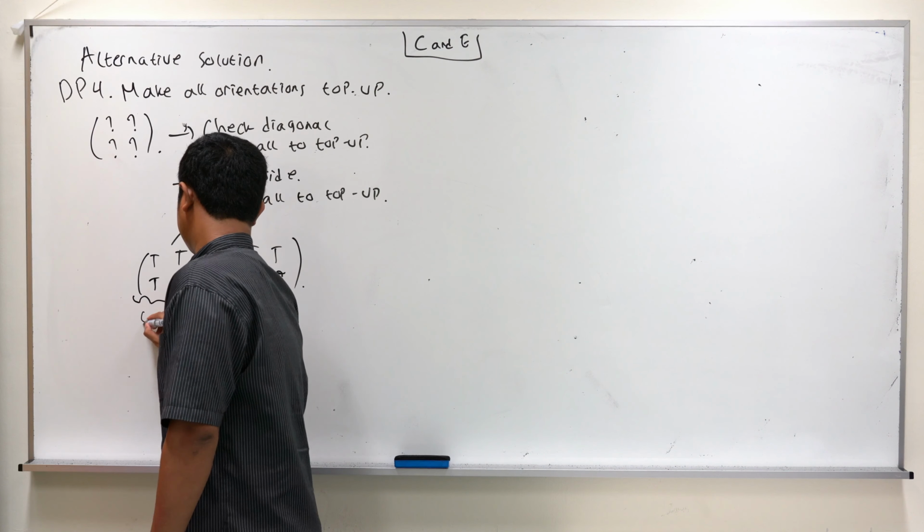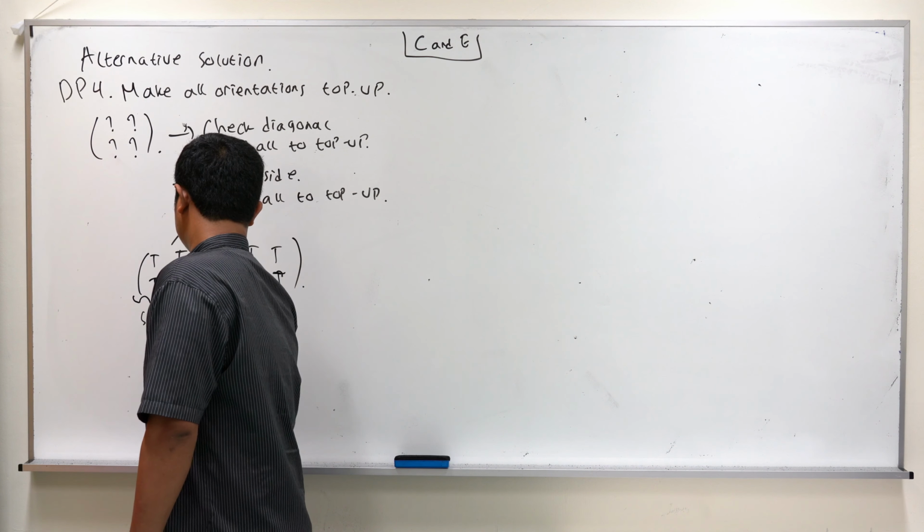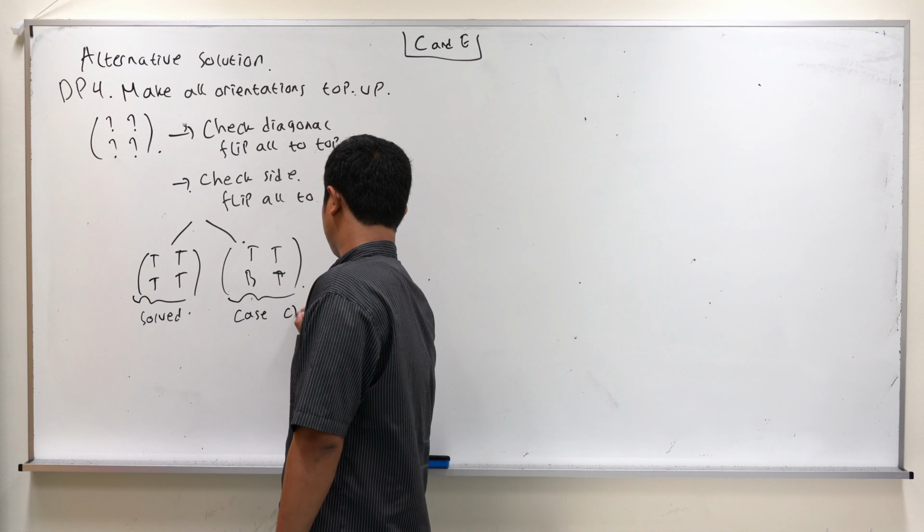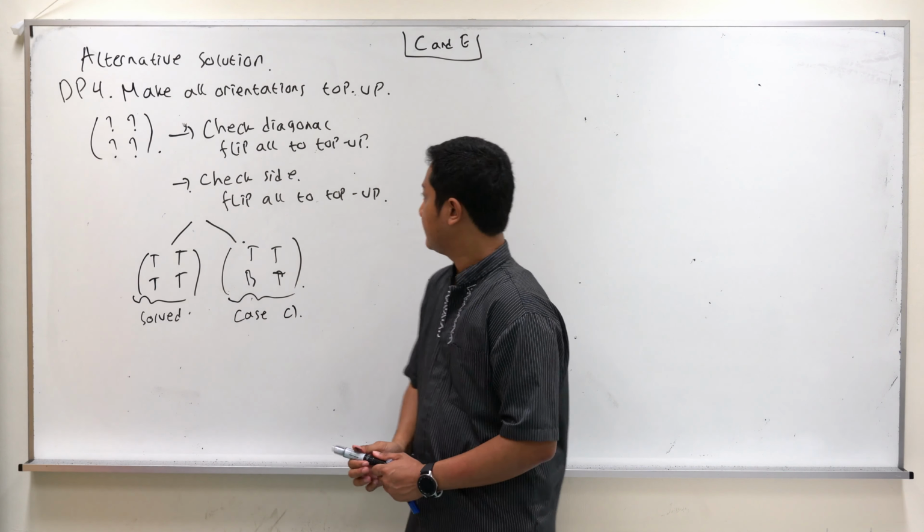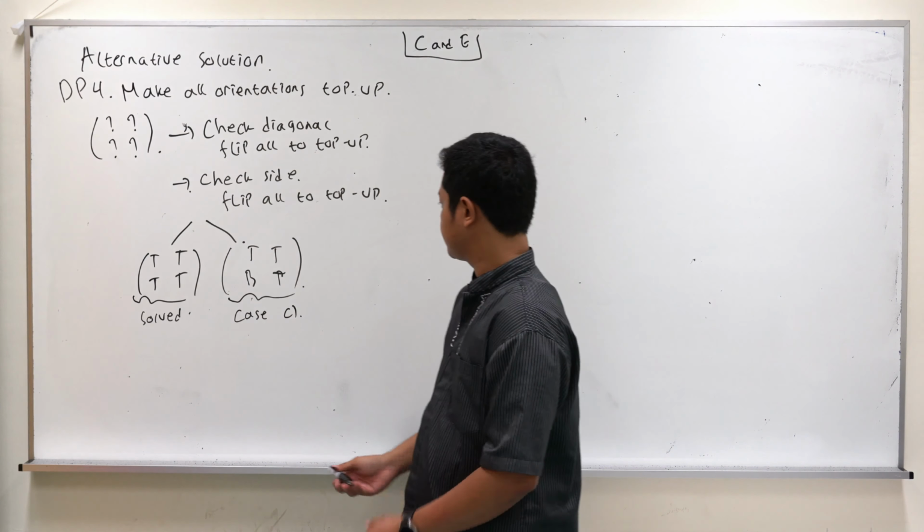This one solve. The lights on, and this one we can do with case C procedure. So we do case C procedure, then done. This one is an alternative solution.